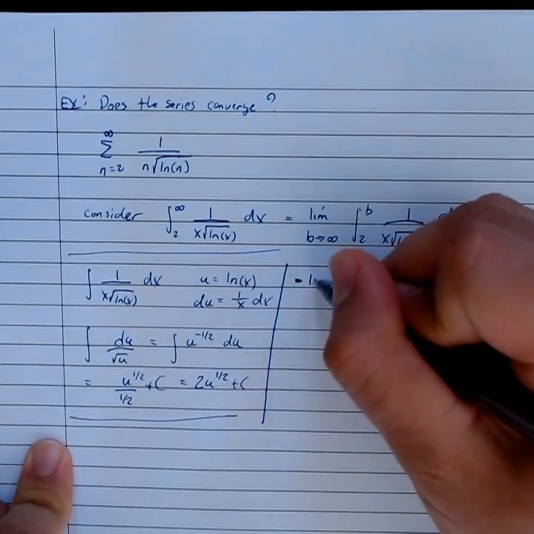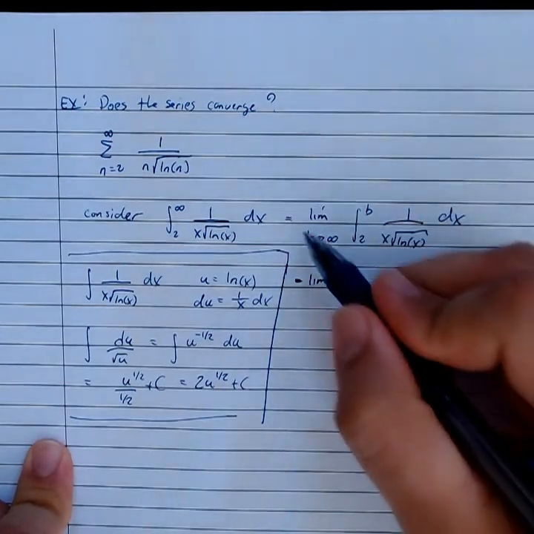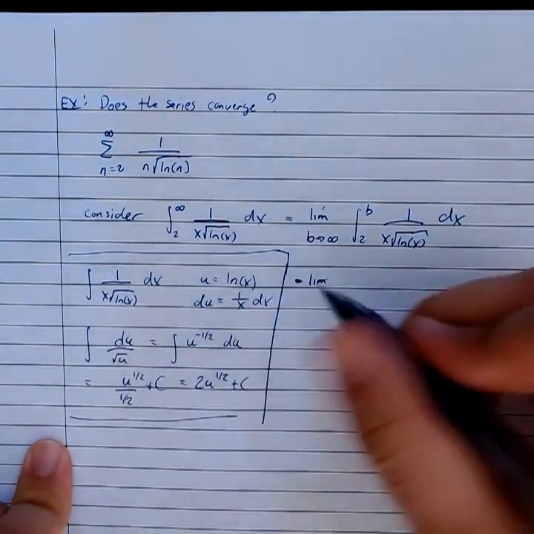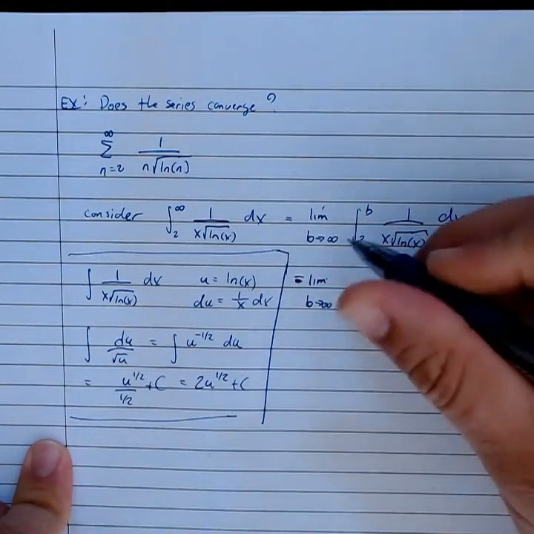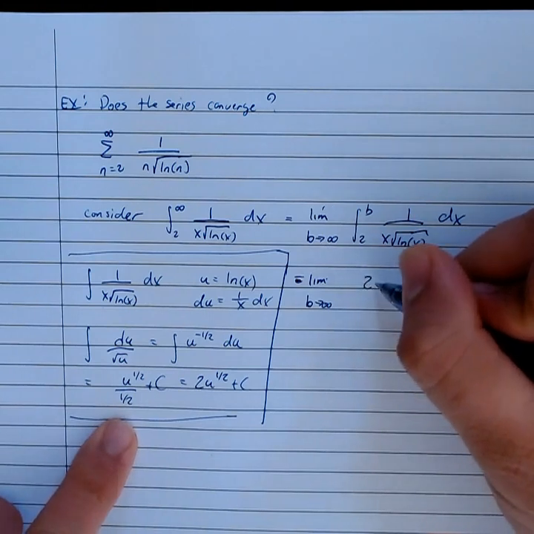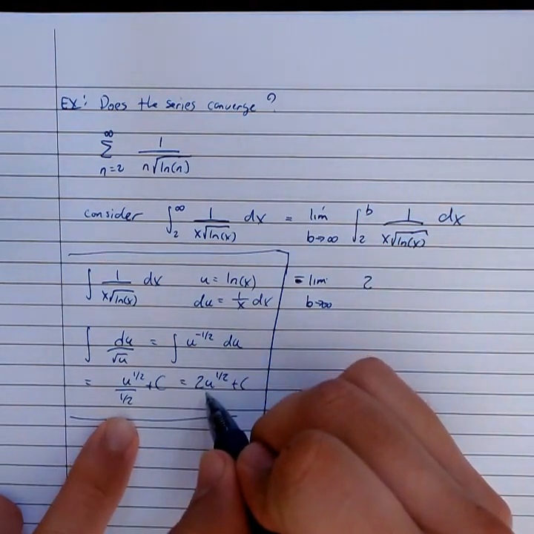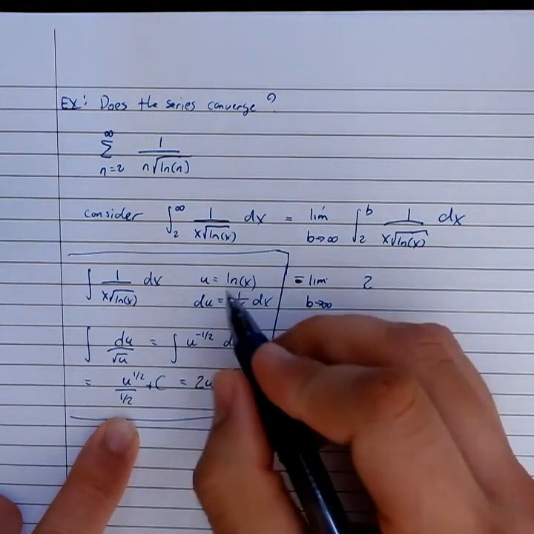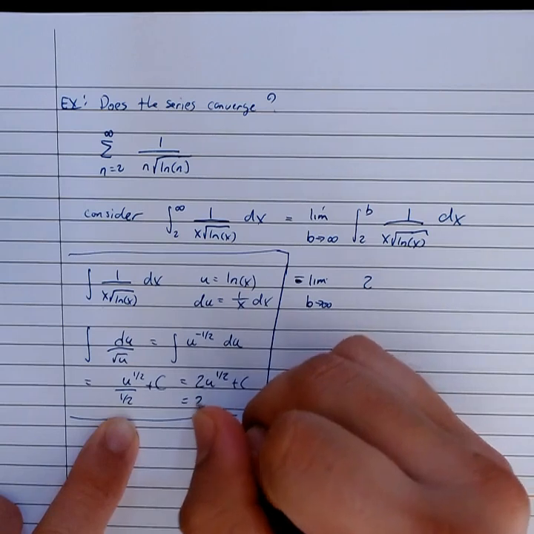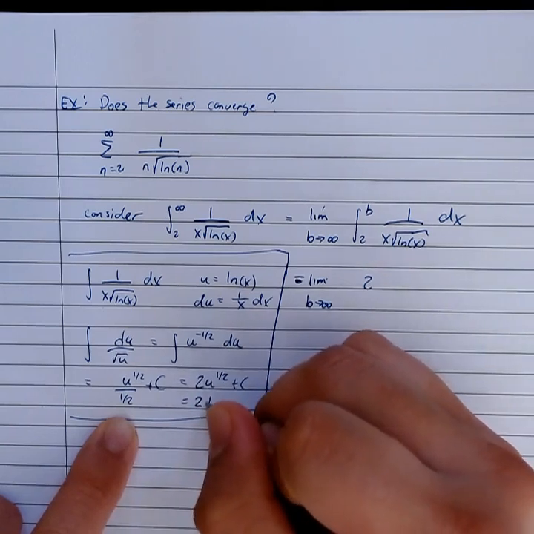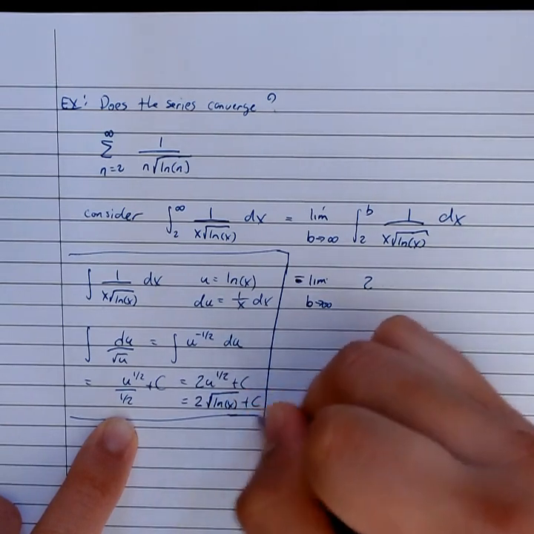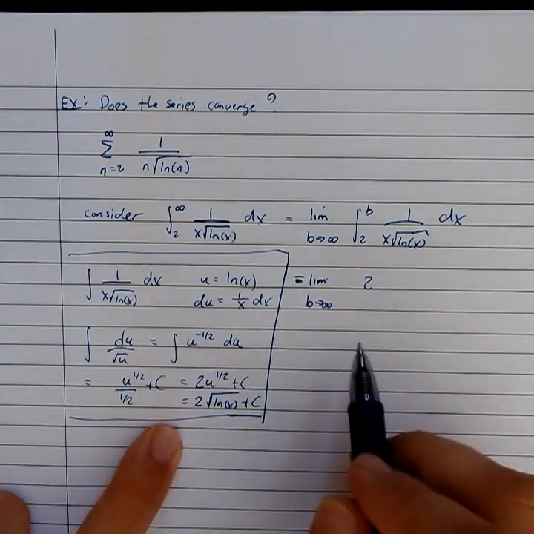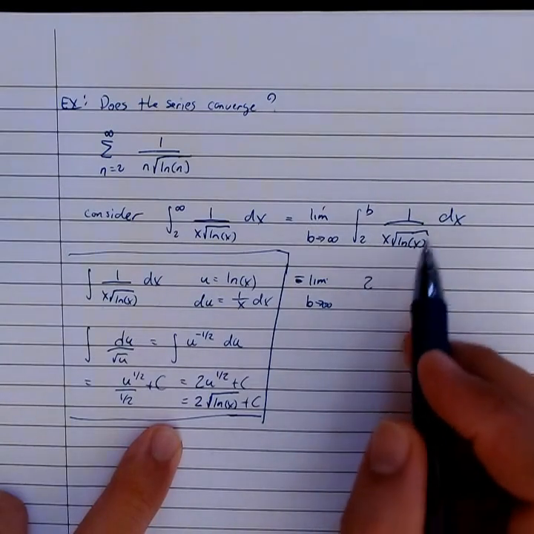This is going to equal the limit as b approaches infinity of 2. I almost forgot, my u, I'm going to plug the natural log of x back in. So that'll really be 2 times the square root of the natural log of x plus a constant of integration. So that's going to be my antiderivative.